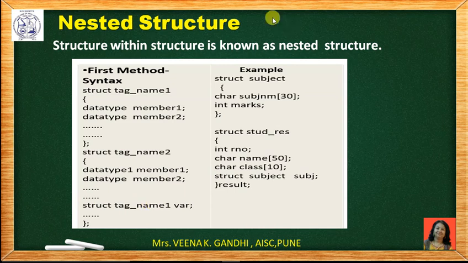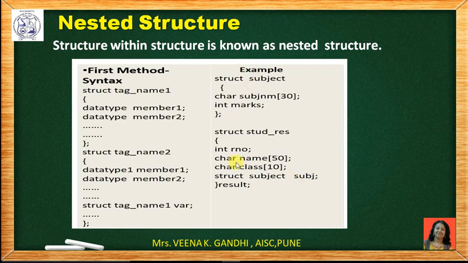Let's see an example. Here we create the subject as a structure, struct subject having subject name and marks as members. Then struct stud result, res meaning result here. It includes the roll number, name and class as its own members, and then it adds the subject variable of the first structure subject.